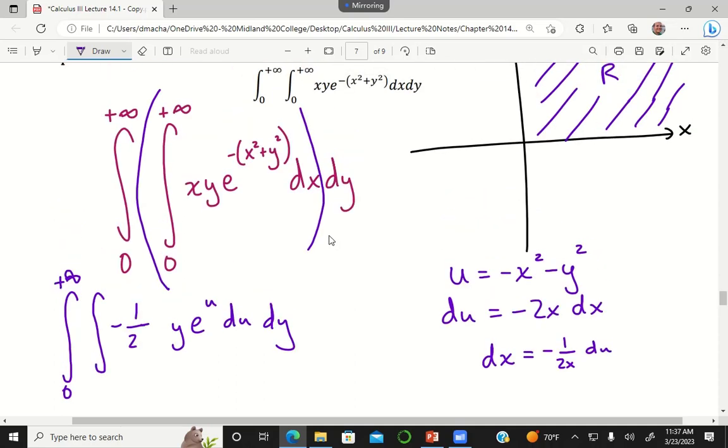But let's change my bounds of integration. By plugging in, let's start with the 0. If I plug in 0 for x, then u is going to be equal to negative 0 squared minus y squared. And so that means my lower bound of integration after I make the substitution should be minus y squared.